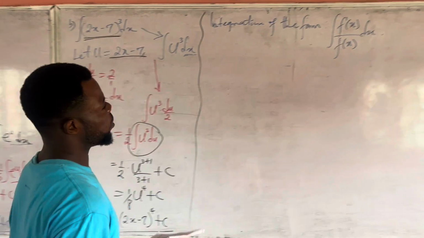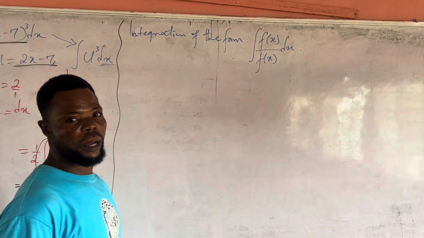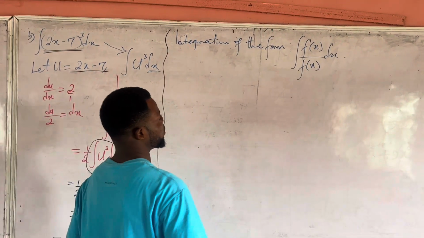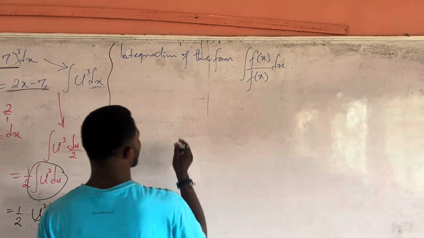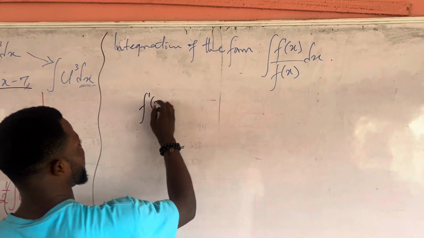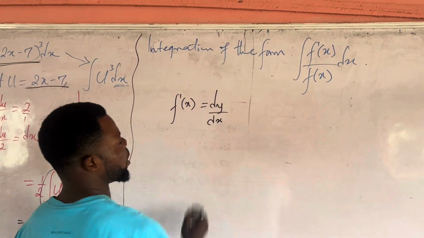Look at this form on the board. That f prime is also known as dy/dx of the function of x. That is f prime of x. Don't forget, this is the same thing as dy/dx.